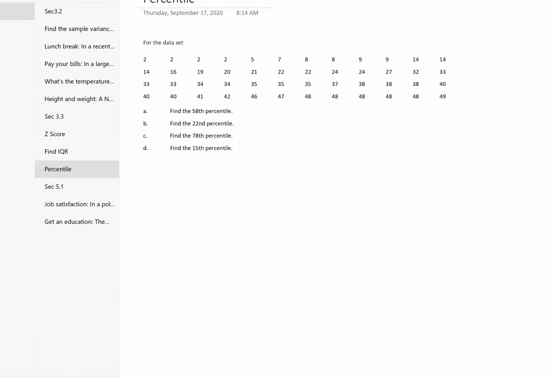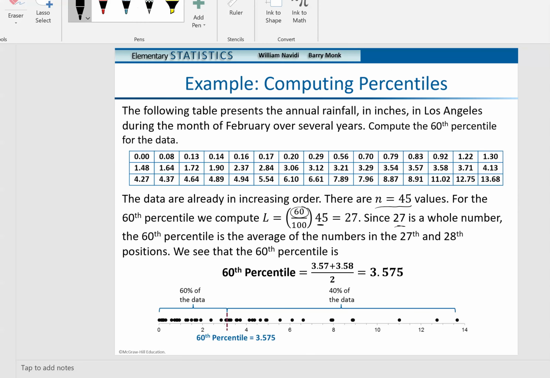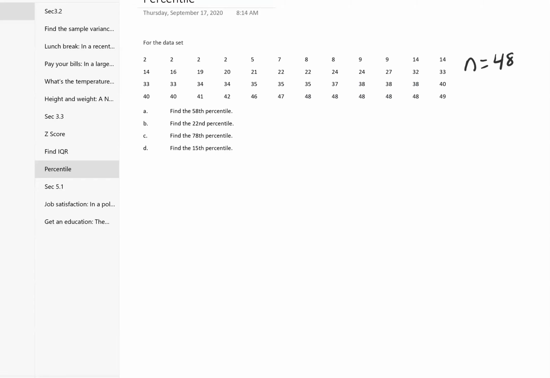Okay, these numbers are already in order. So let's see how many there are. 1, 2, 3, 4, 5, 6, 7, 8, 9, 10, 11, 12. 12 times 4. So there's 48 numbers. So the percentile then is going to equal, for the first one, L is equal to 58 over 100 times 48.